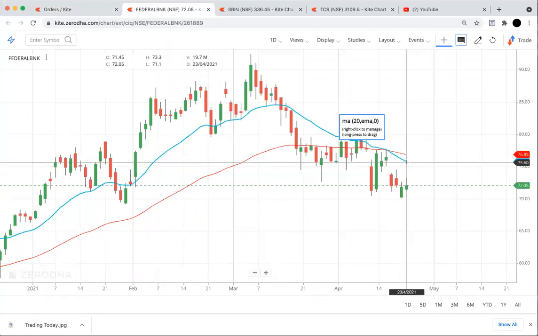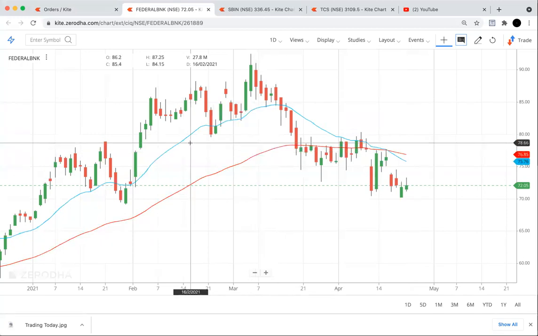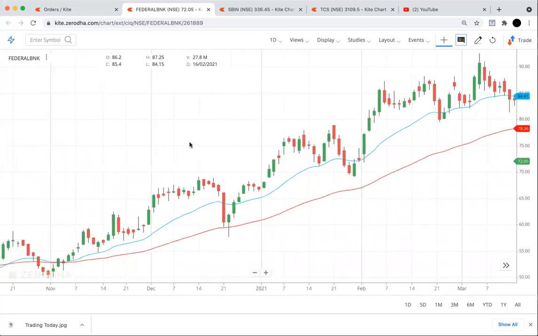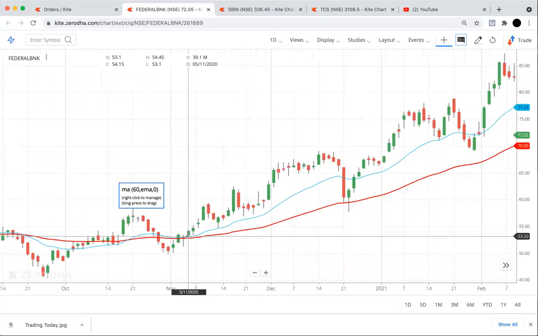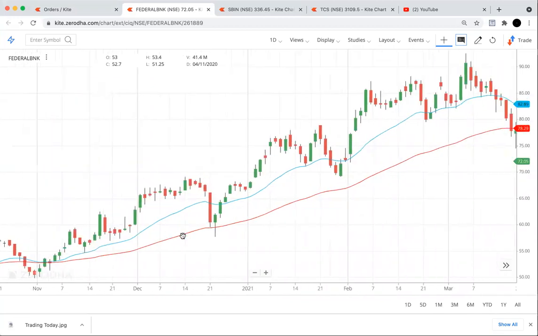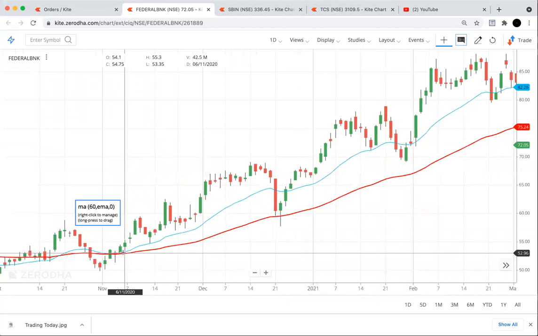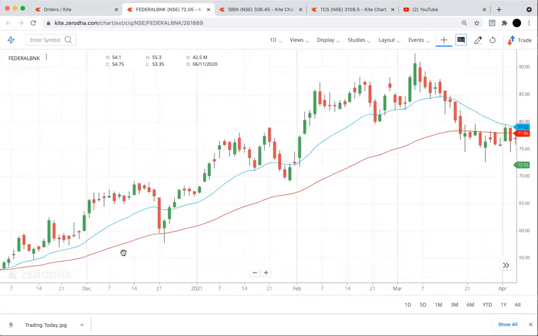Now, if it begins to move up again, yes, you can stay there. But look at the history here. The up move actually began around November again. Here it is, beginning of November, November 4th, 5th, around that time. The price was 52 rupees at that time.